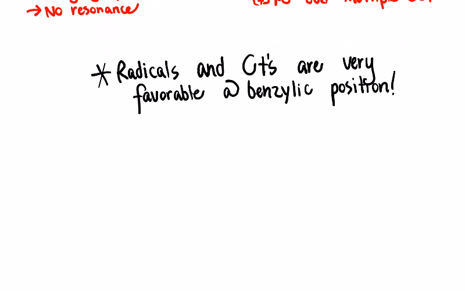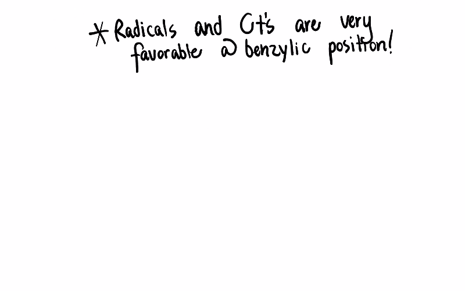So we're going to look at some examples of those types of reactions for aromatic rings that have a benzylic carbon. So first off, what we're going to look at for specific reactions at the benzylic position is we can do a throwback here to our SN1 reactions. So our nucleophilic substitution reactions at the benzylic position.